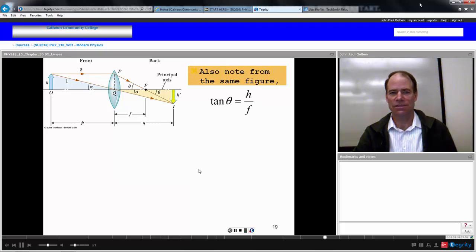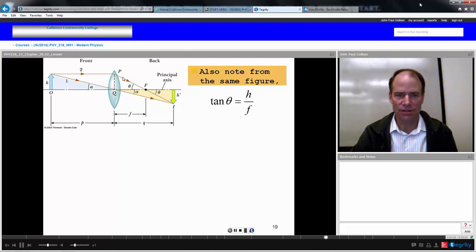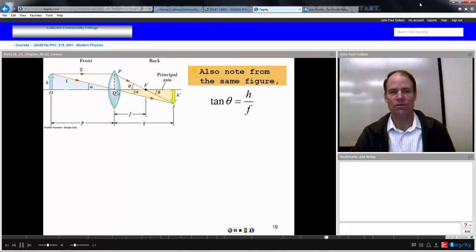Also note from the same figure, if we're looking at angle theta, and look at this little triangle right here, from the focal point to the lens, this distance from P to Q is actually equal to h, because this line here from the ray is parallel to the principal axis. So the tangent of theta is equal to h over the focal length f.